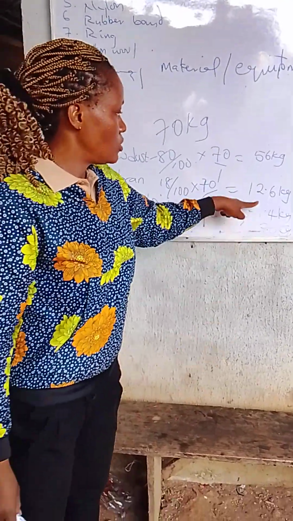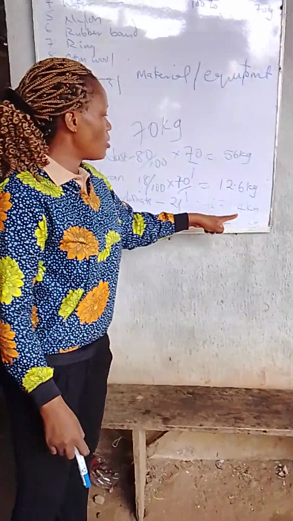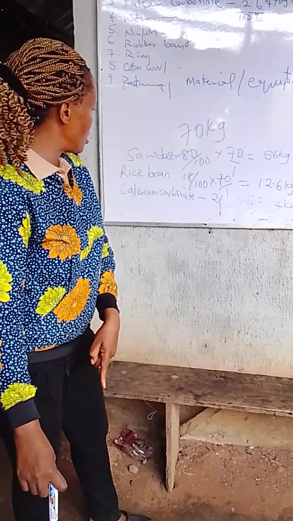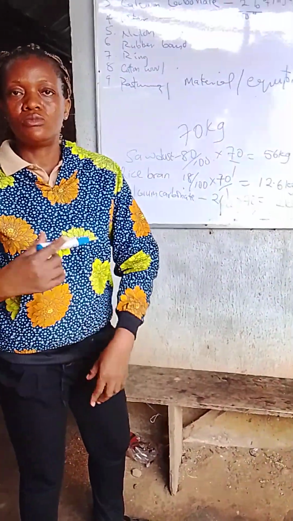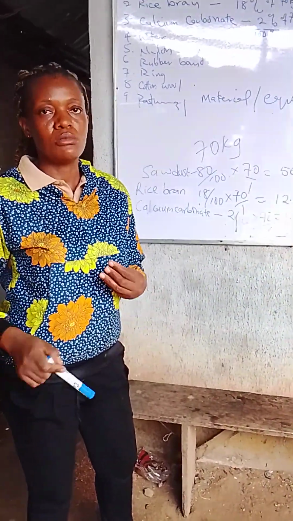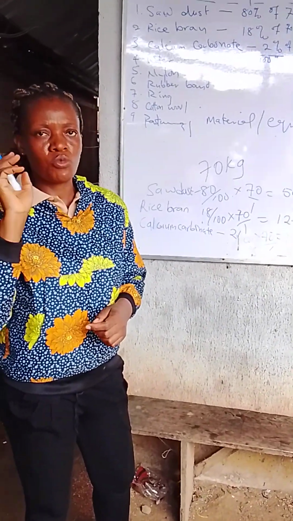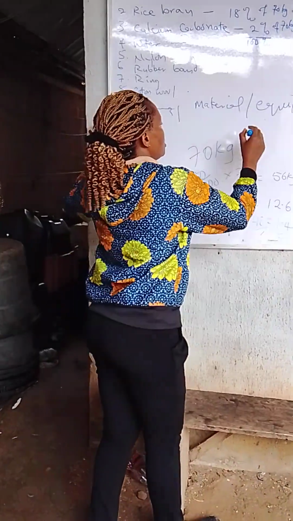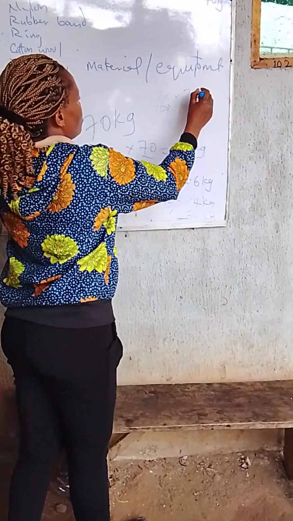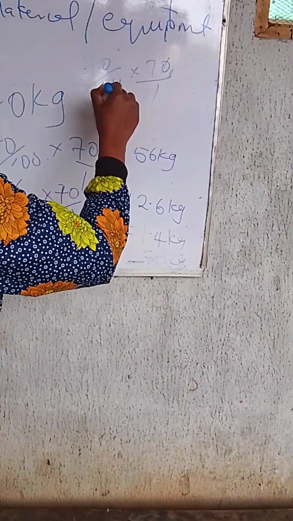Now, if you want to form this substrate bag, you are going to measure 56 kg of sawdust, you pour 12.6 kg of rice bran, then you add 1.4 kg of calcium carbonate there also. Then you mix it together, have a thorough mixing. You mix it like 2 or 3 times before you add your water. Then let us find 70% of water quantity, so that you have an idea of the quantity of water you will use.